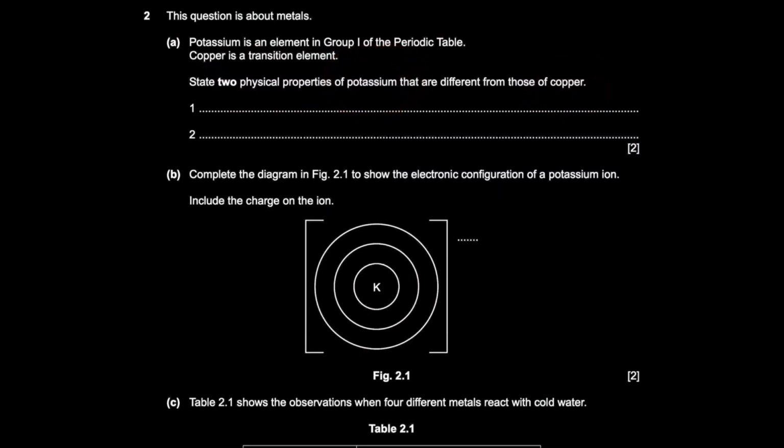So we can say potassium has lower density than copper, right? And it has a lower melting point.